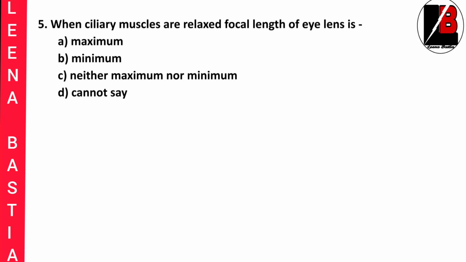Question number 5 is asking that when ciliary muscles are relaxed, focal length of eye lens is, options are A, maximum, B, minimum, C, neither maximum nor minimum, D, cannot say. So your answer will be A, that is maximum, right?